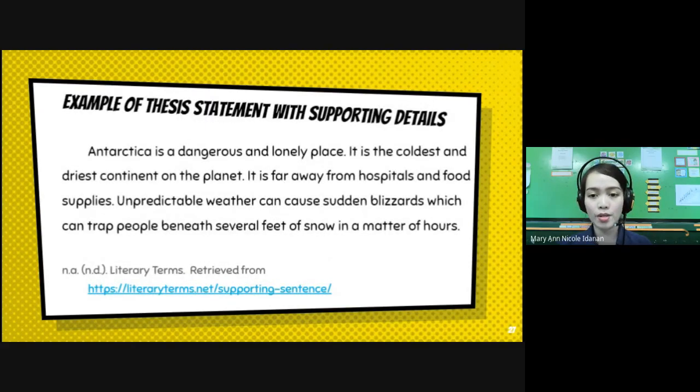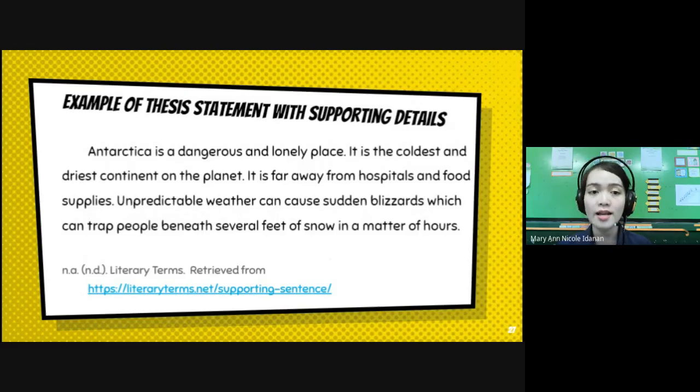Now, class, let's proceed with more examples of thesis statements with supporting details. Okay, so this one, as we can see, the first sentence is the main idea, and then the rest are the supporting details. So first, Antarctica is a dangerous and lonely place. So that is his or her claim.